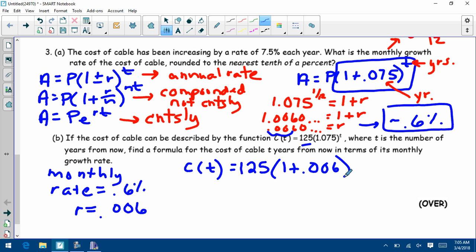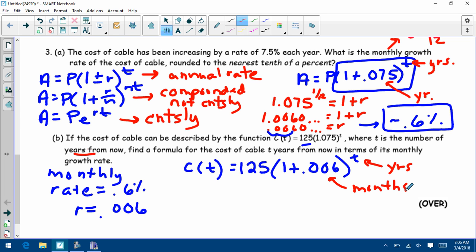And if I just put to the t, I have a problem because they want t to be in years. So t is in years, so 0.006 is in months. So if I put in 1 year, how many of those rates are going to get applied? Well, since it's only monthly and t is in years, we're going to have 12.